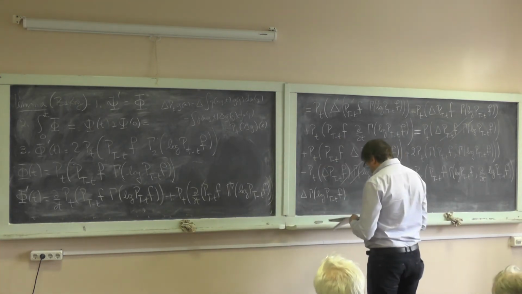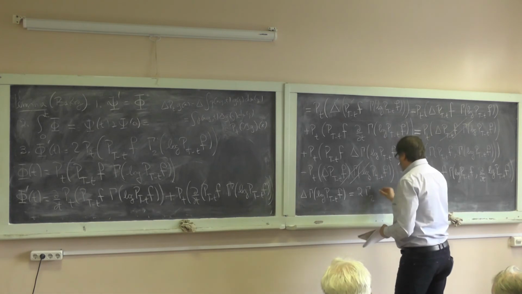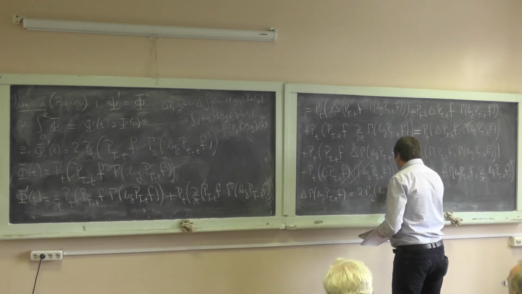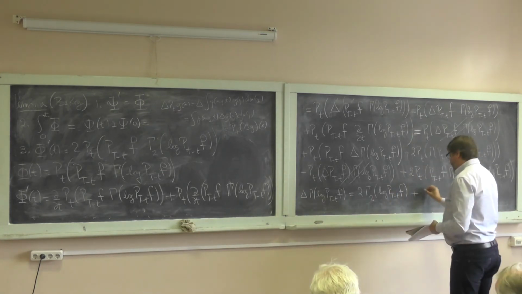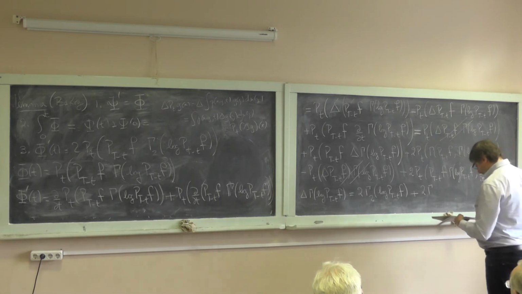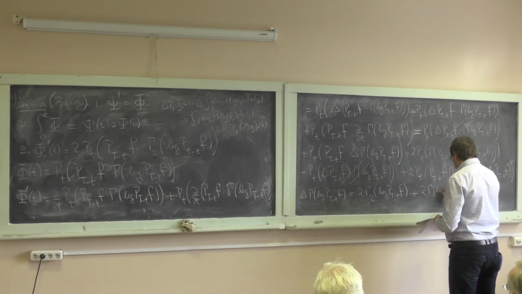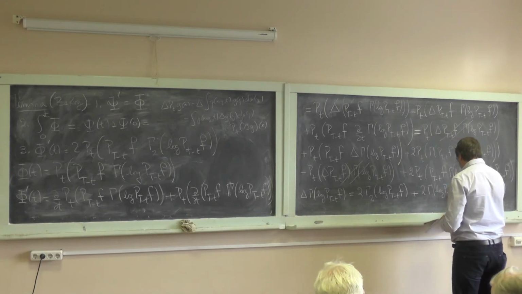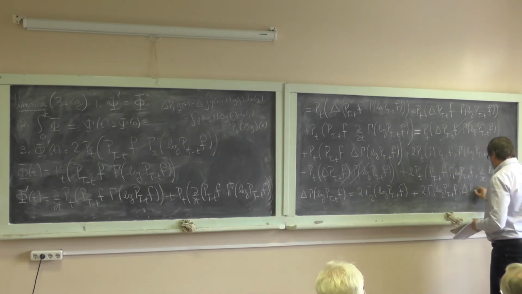So this guy is equal to twice gamma 2 of the log of p minus little t f plus twice gamma of, so I am essentially rewriting the definition of gamma 2, plus twice gamma of log of p minus little t f, Laplacian of log of p minus little t f.